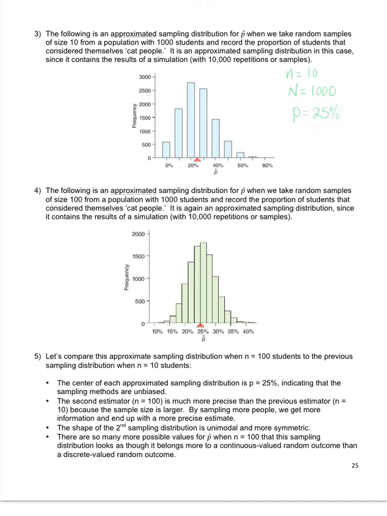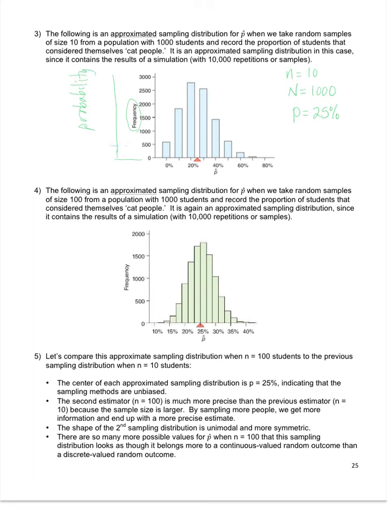All right, so notice on your vertical axis here it says frequency, so it's telling us how many samples had each particular result. But we could rescale this axis if we wanted to and convert it to relative frequency or probability. So remember that there were 10,000 repetitions.